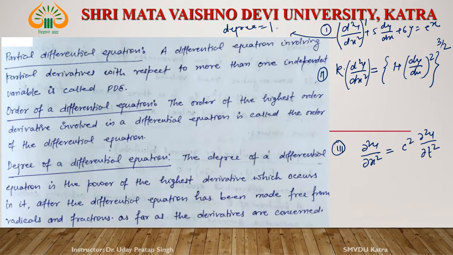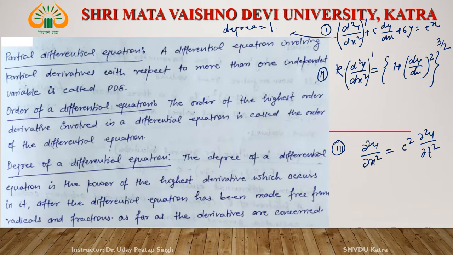See here, what is the power? The power is 1. But there is a fraction, 3 by 2, involved in the differential equation. The definition says that the power of the highest derivative is taken after making the equation free from radicals and fractions, meaning there is no radical or fraction power on the derivative.